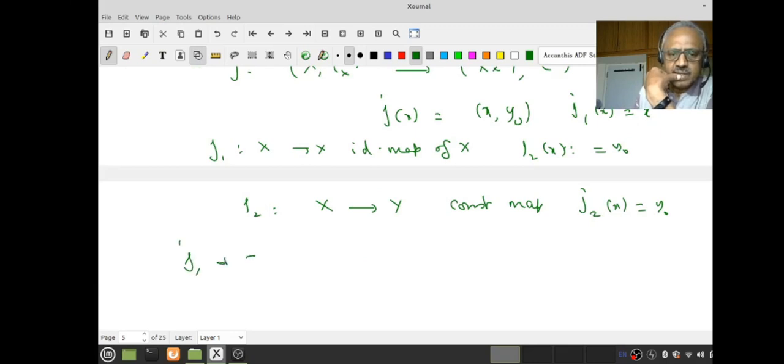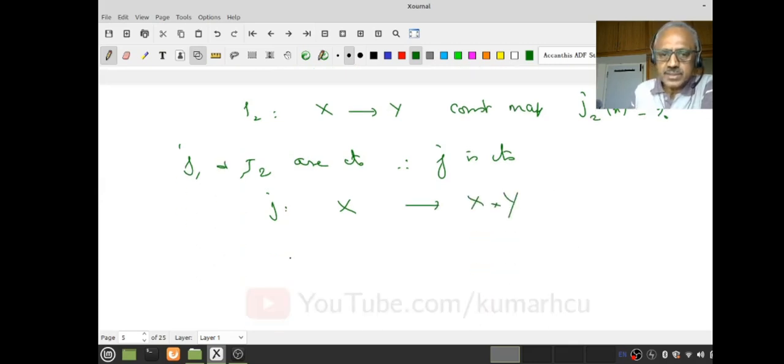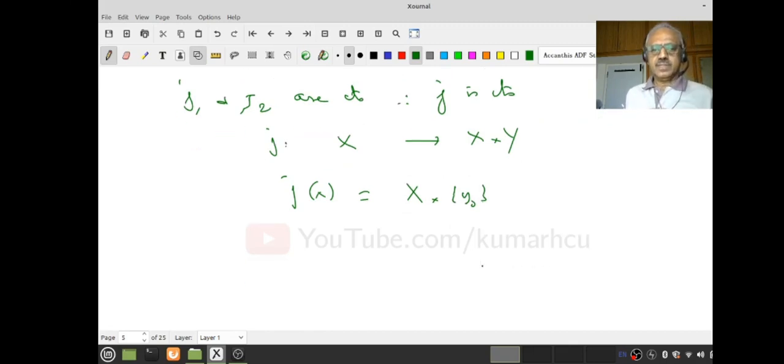j1 and j2 are continuous. Therefore j is continuous. Therefore j is a continuous map from where to where? From x to x cross y, so that the image j of x is nothing other than x cross singleton y naught. And similarly the other case, by replacing y naught by x naught you will get something similar.